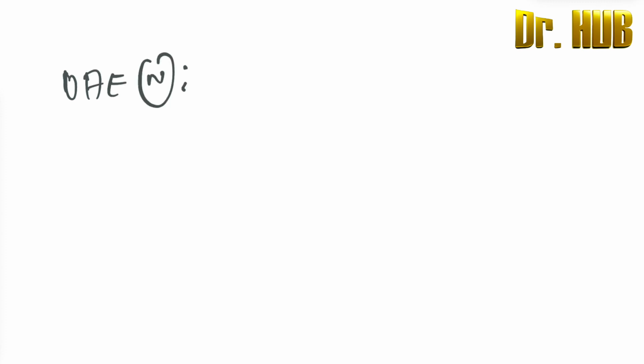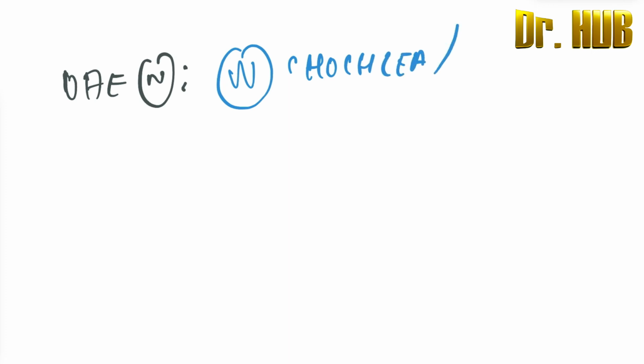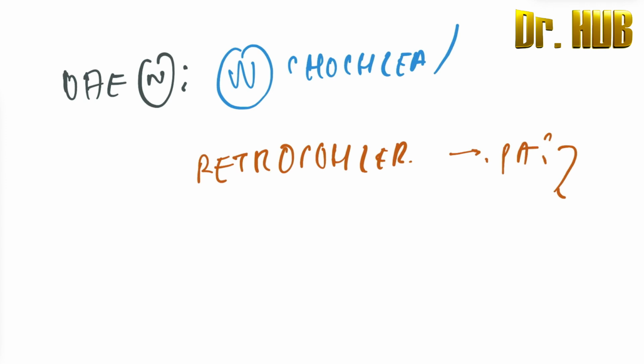A normal OAE indicates a normal cochlea, and hence it indicates retrocochlear pathology in a patient with a sensorineural hearing loss.